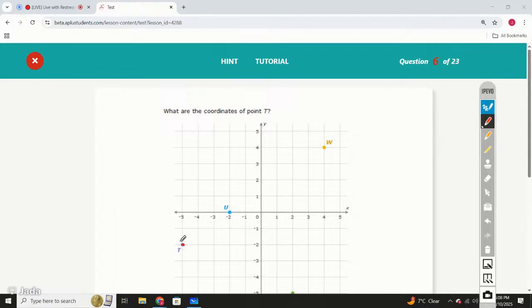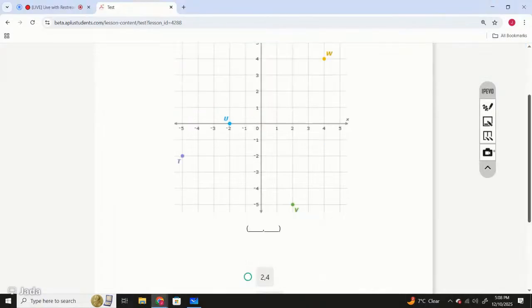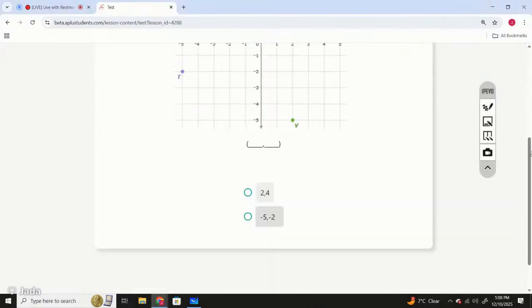Here is point T. Point T has the coordinates -5 and -2. Option number 2 is the correct option.